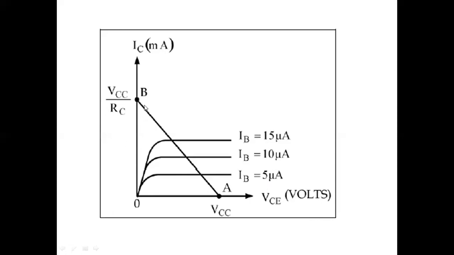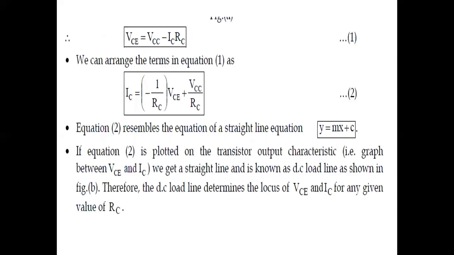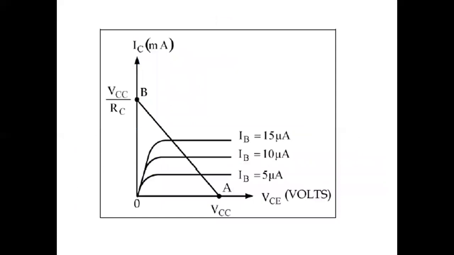The line joining these two points, A and B, can be considered the DC load line. So we have to define what point A represents and what point B represents. The equation in the form of equation 2 resembles a straight line equation, that is y equals mx plus c, which is the representation of a straight line on the output characteristics.